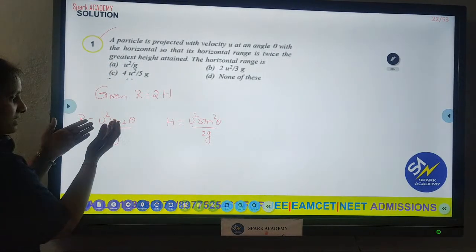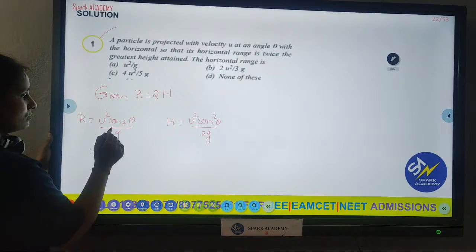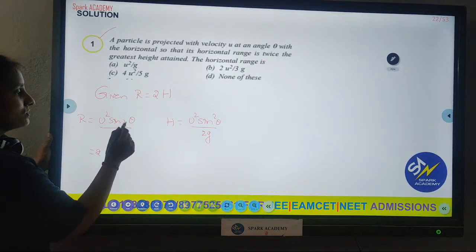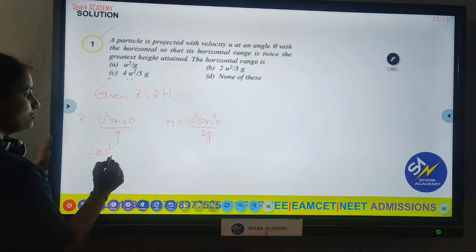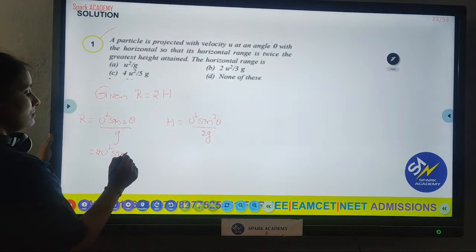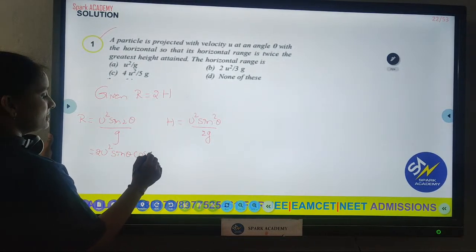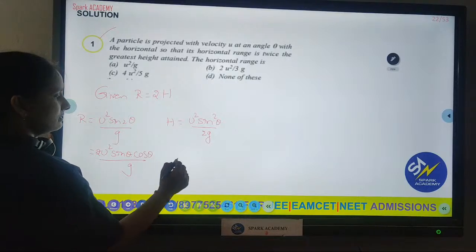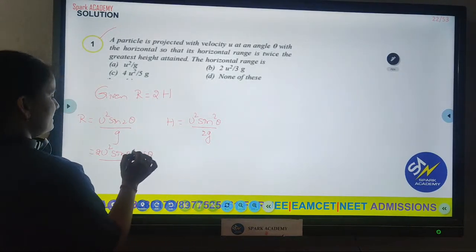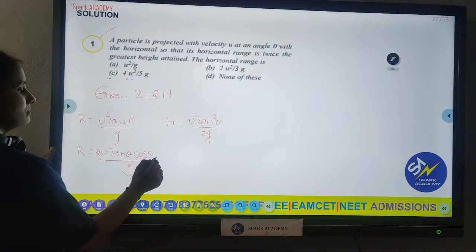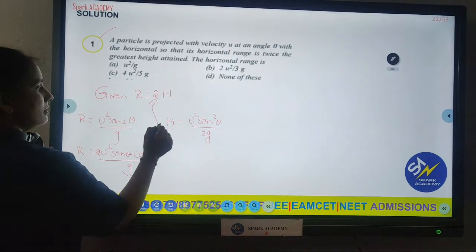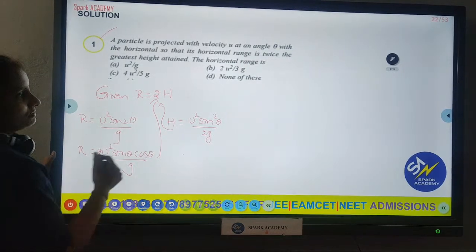For our convenience, we are writing sine 2 theta as 2 sine theta cos theta. So range is 2 u square sine theta cos theta by g. Now substitute range and height in the given condition.